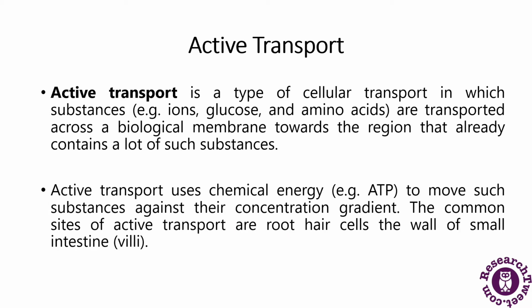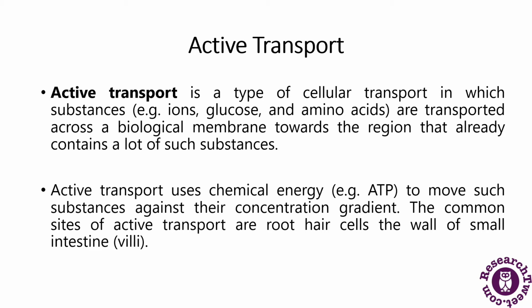As I have already told, it is a type of cellular transport in which substances, these can be ions, glucose, or amino acids, are transported across a biological membrane towards the region that already contains a lot of such substances. So active transport uses chemical energy.